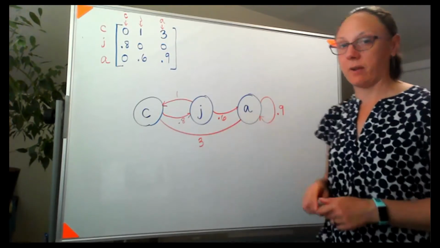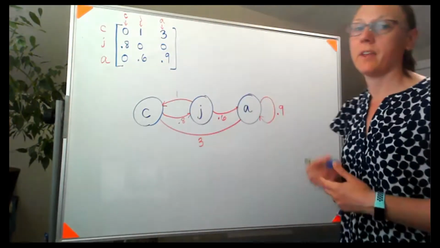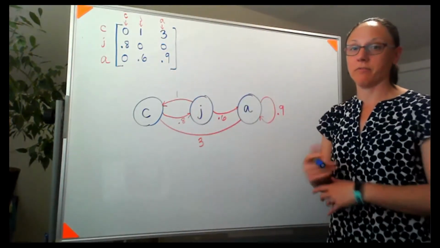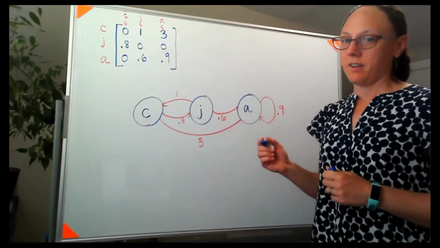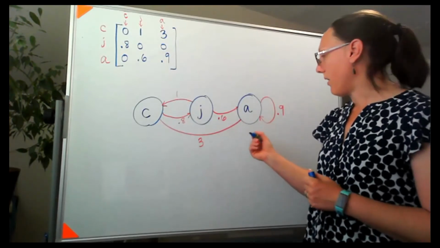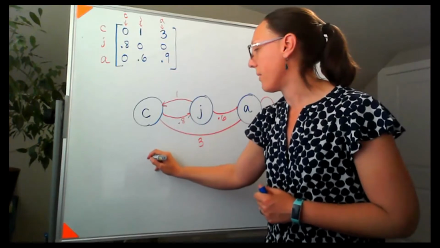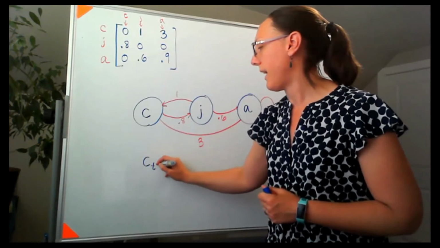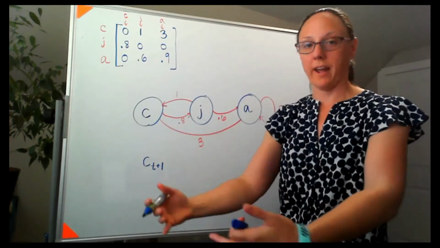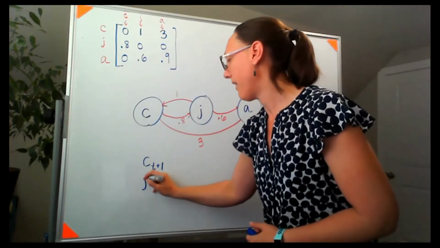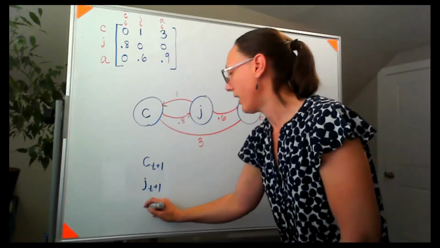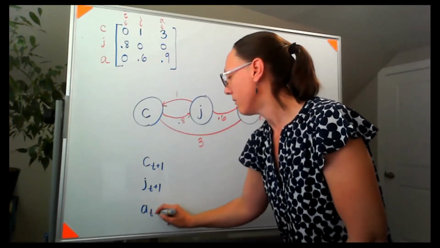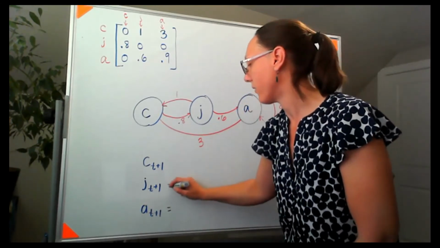So I can diagram this out, or if I were writing this as a system of difference equations, then I'm going to have my cubs at time t plus 1, or the next cycle. I'm going to have my juveniles for the next cycle, and I'm going to have my adults for the next cycle.